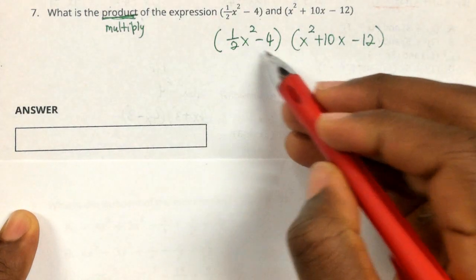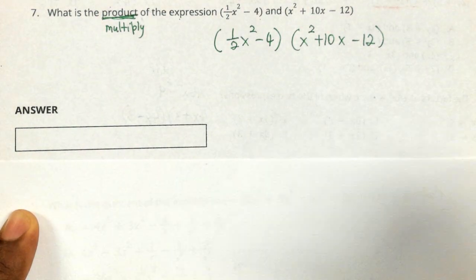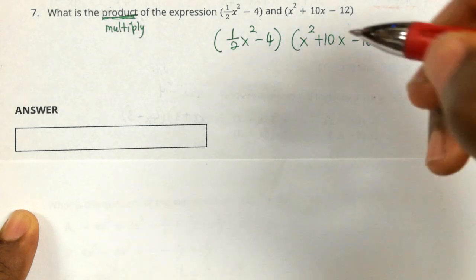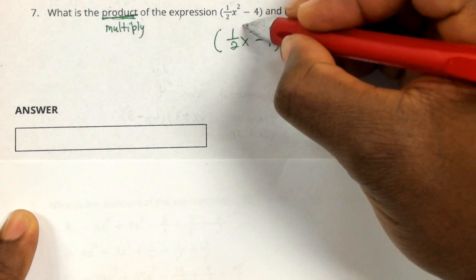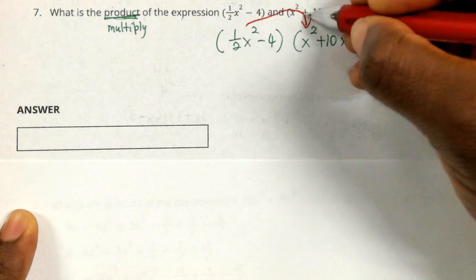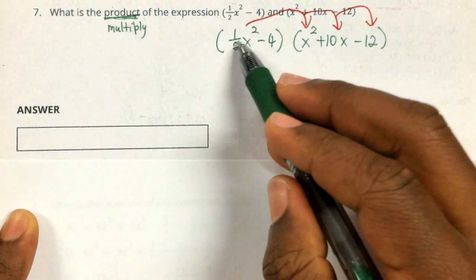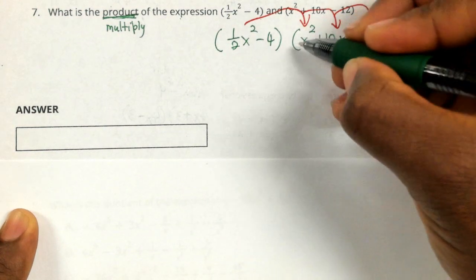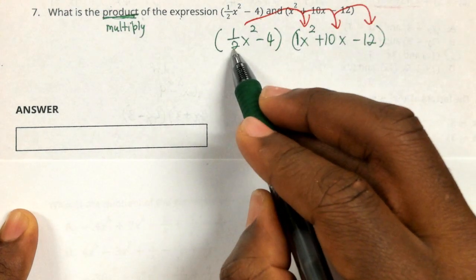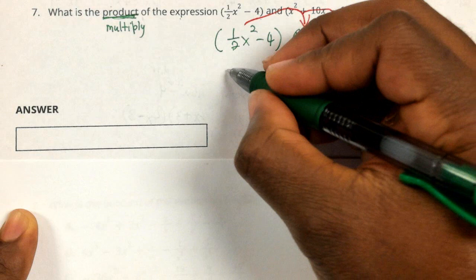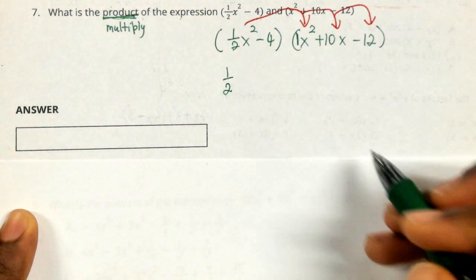When you're multiplying two sets of parentheses, we're going to have to use our FOIL method, which means I'm going to multiply my first term by each of these terms, all right? So 1/2, so technically in front of this x squared is a 1. 1/2 multiplied by 1 is 1/2, all right?